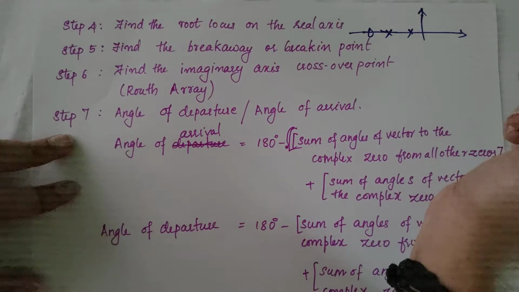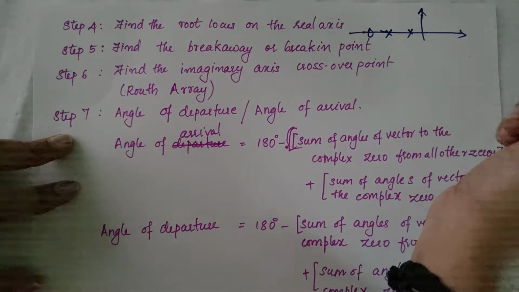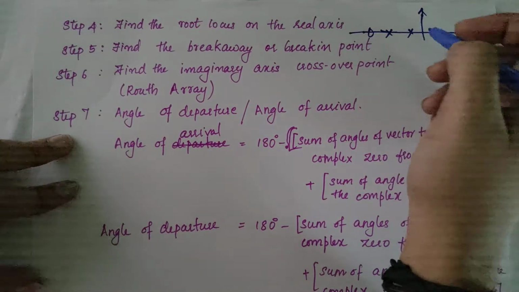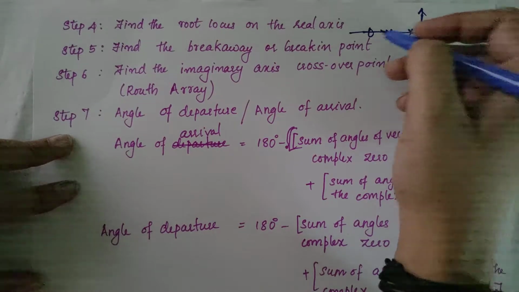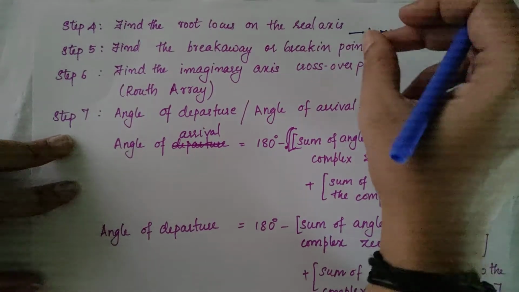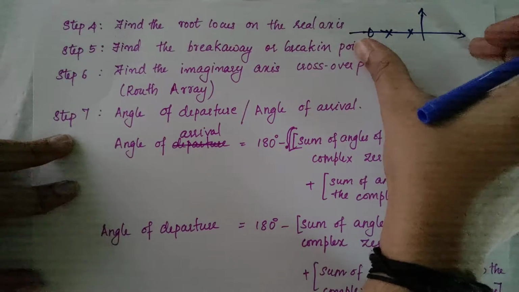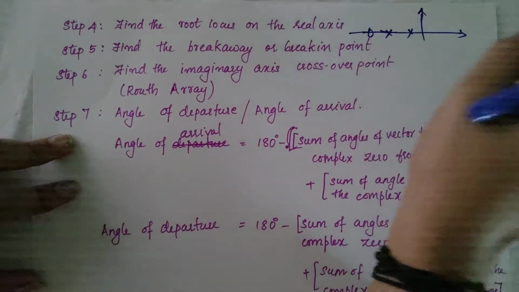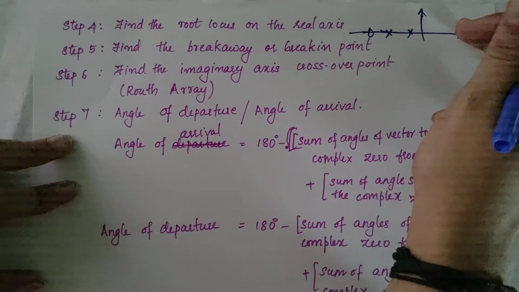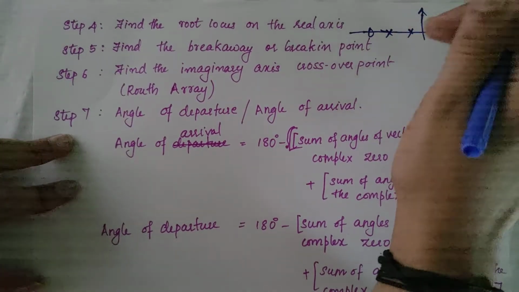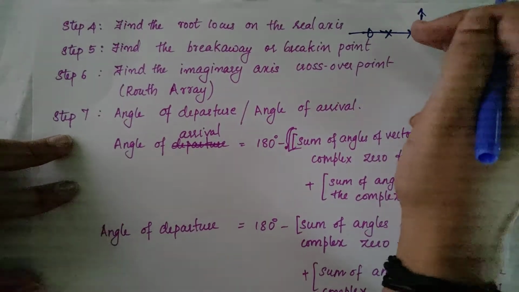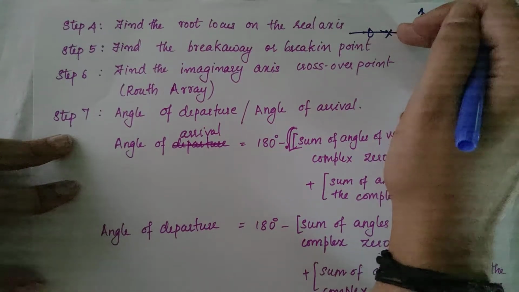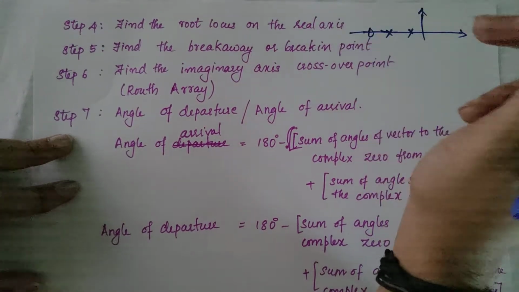Then how to find the root locus? These poles and zeros divide the entire real axis into 4 parts: one is this part, one is this part, one is this part and one is this part.